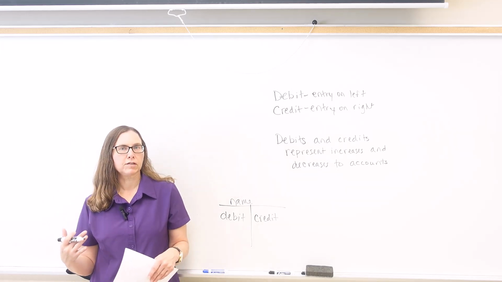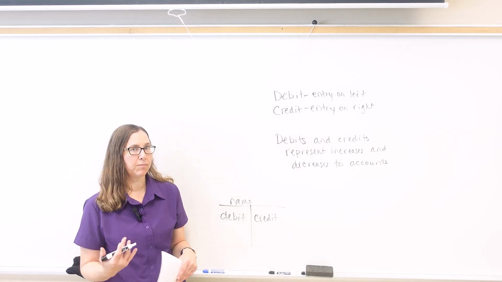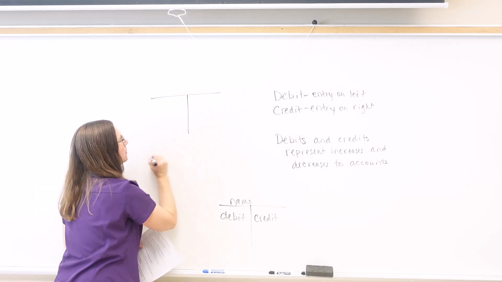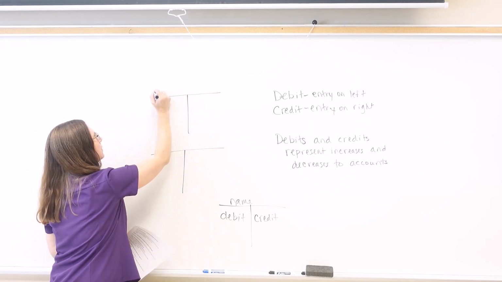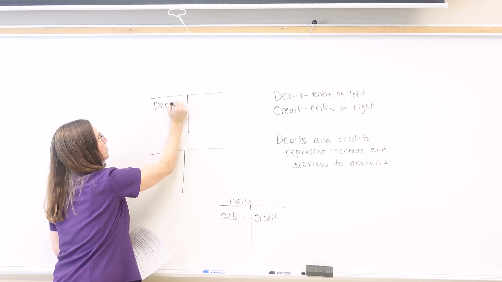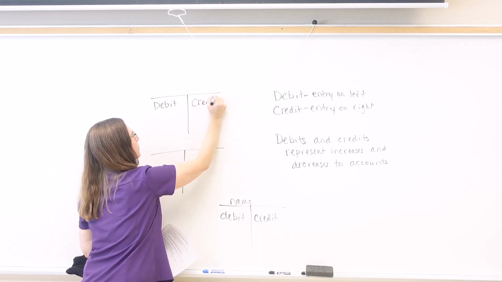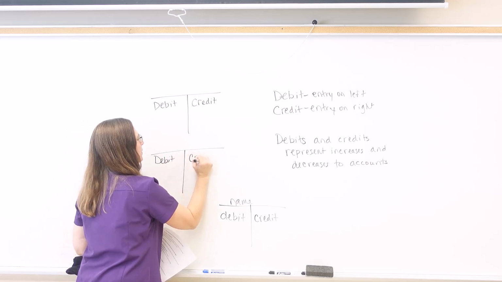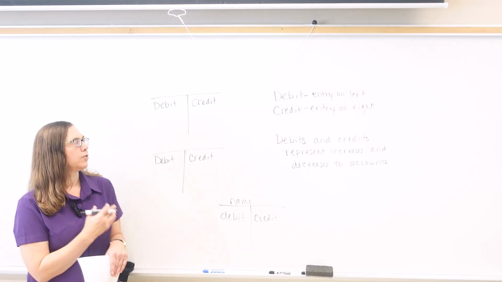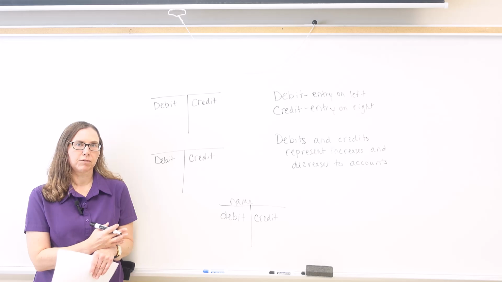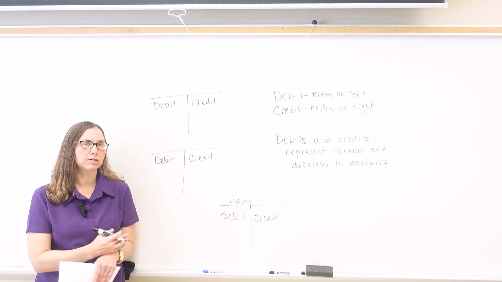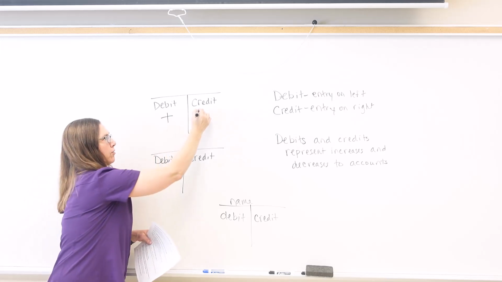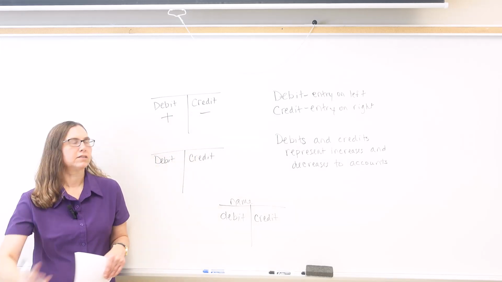So I'm just going to draw something that hopefully will help you remember the rules of debits and credits. If it's an asset, an owner withdrawal, or an expense, your debit side is going to be where you add, and your credit side is going to be where you subtract.